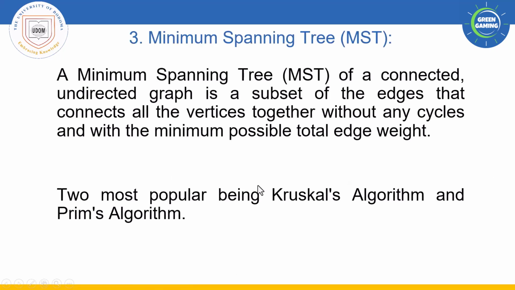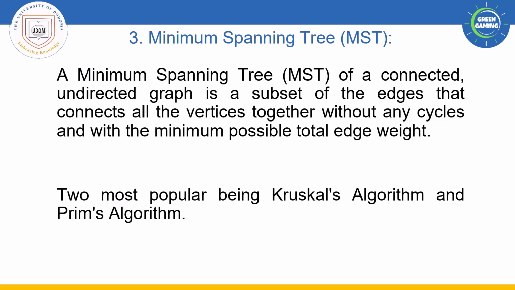Yeah. So we also have the minimum spanning tree. A minimum spanning tree of a connected undirected graph is a subset of the edges that connects all vertices together without any cycle and with the minimum possible total edge weight. So what it does is it connects every vertex together with edges, and then calculates the edge totals.